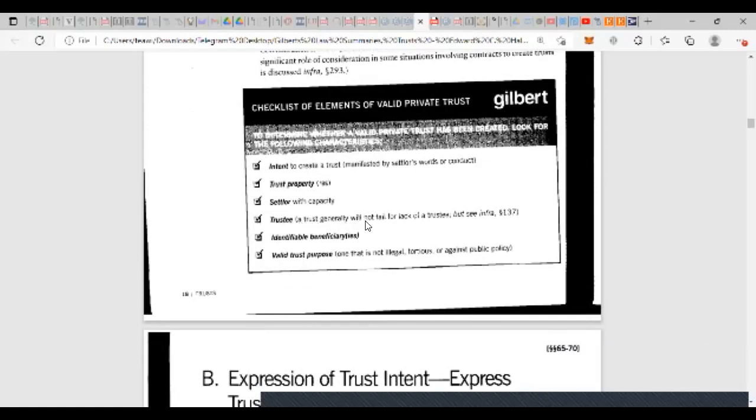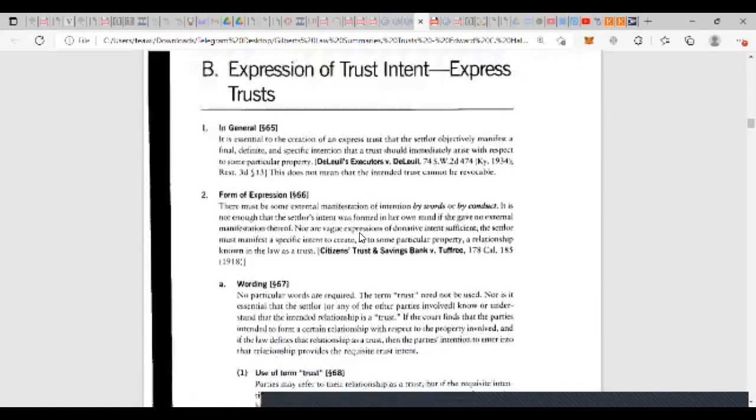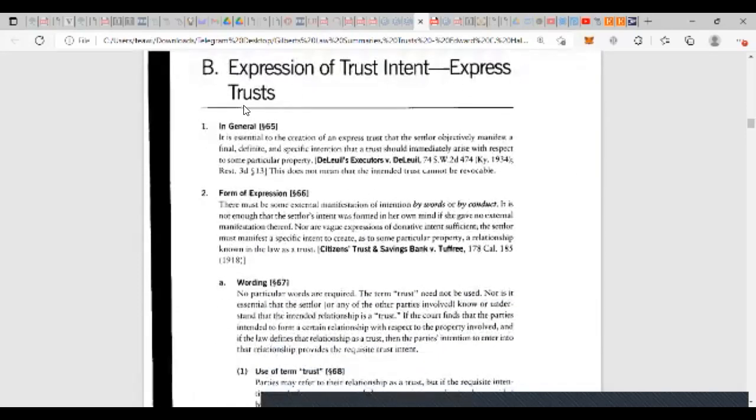A trust generally will not fail for lack of a trustee, but see infra 137, basically meaning that a judge or the court will appoint a trustee if one does not exist. Identifiable beneficiary or beneficiaries. And you also need a valid trust purpose, one that is not illegal, tortious, or against public policy.